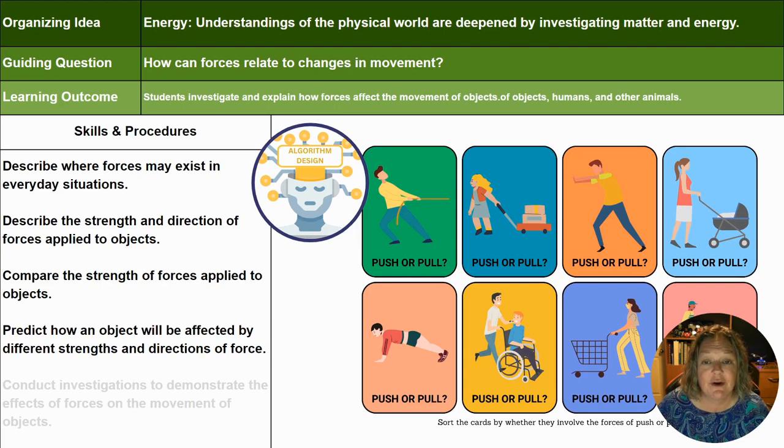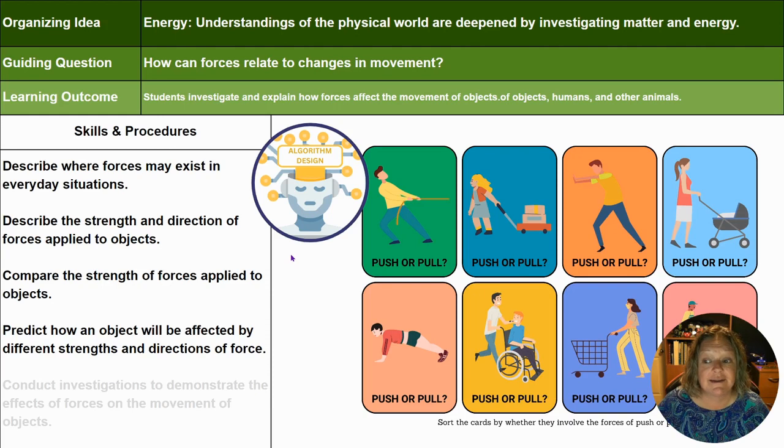And now I have an opportunity to do some computational thinking and even some algorithm design with my students. So asking students to come up with an algorithm for what defines a push, you are going to be teaching them about force and also teaching them about algorithm design and computer sciences at the same time.